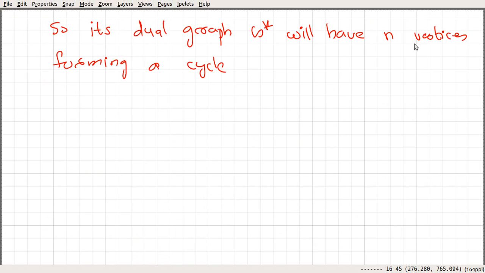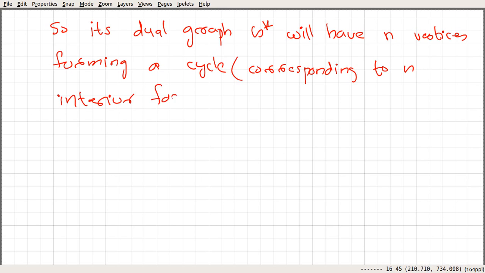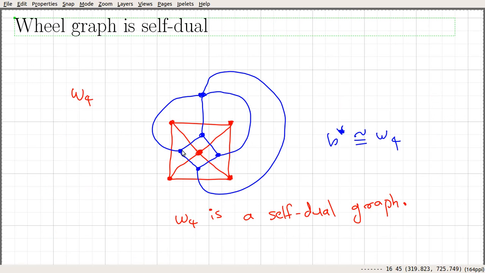So its dual graph G star will have n vertices forming a cycle, and that corresponds to those n interior faces, and that is what we saw here, right? These interior faces form a cycle.